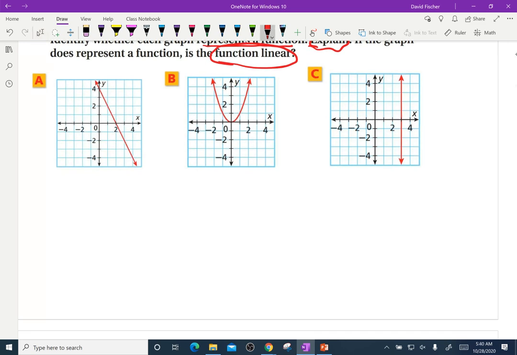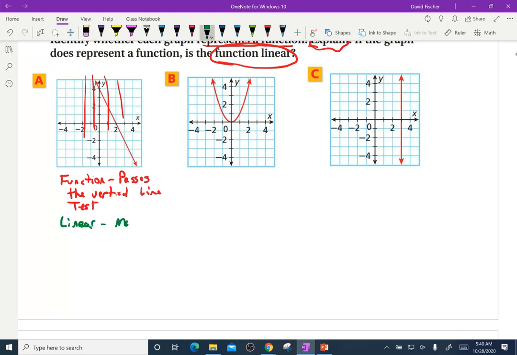I love it when they give me a graph because it passes the vertical line test. So this is a function. How come? Passes the vertical line test. Now, we want to know if it's linear as well. It is linear. Makes a straight line.